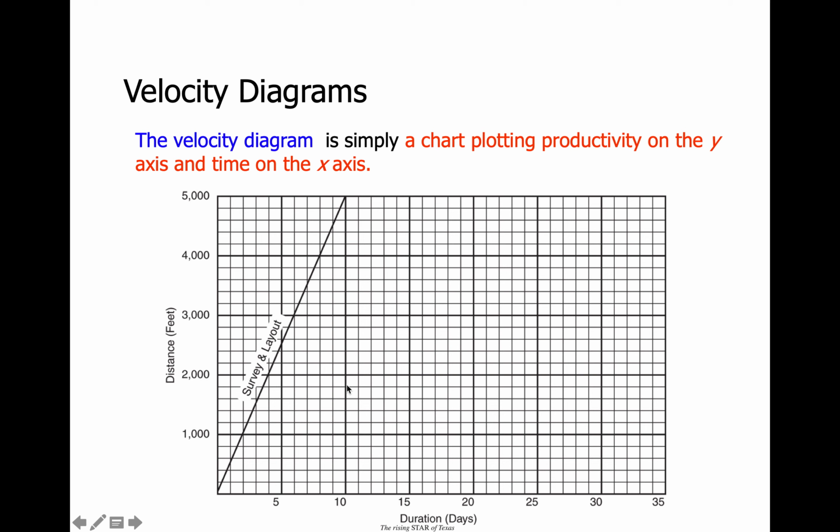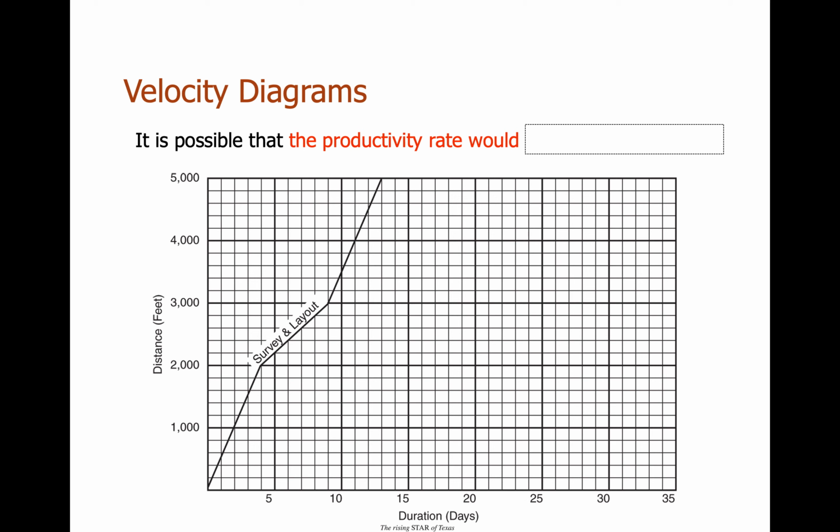Then there will be other lines added to this plot, and you could do the same thing and extract information. But if lines ever intersect, well, that's a problem, because you actually haven't finished survey and layout before you're adding another activity to it, and you might overtake those activities. All these activities in the schedule need to happen sequentially, so therefore none of the lines can intersect. So let's continue along and we'll see more about that.